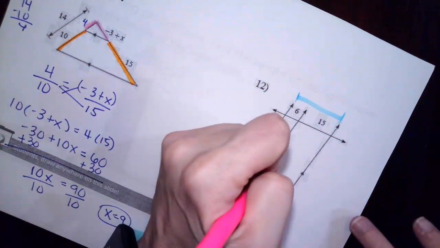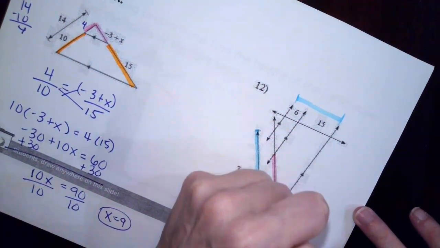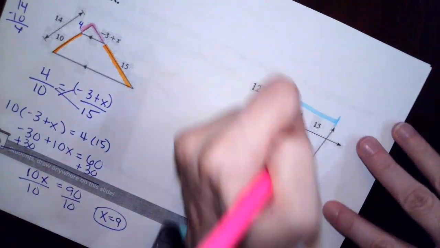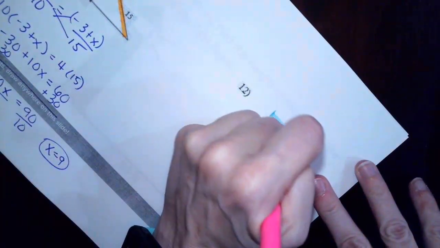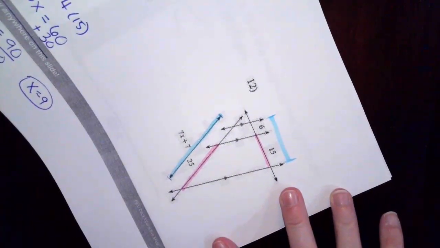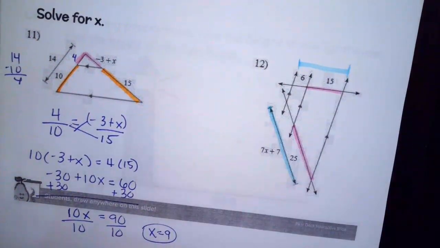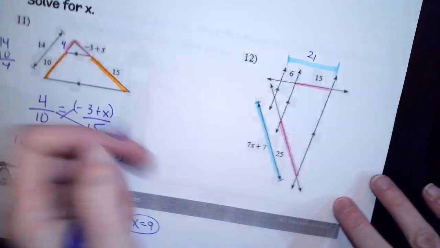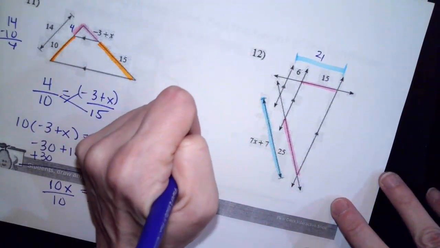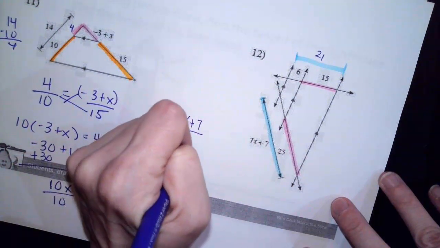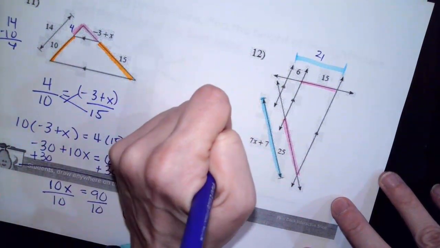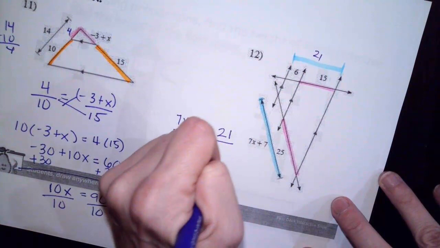And I know the bottom piece here, which corresponds to, if you look at it this way, I'm calling it the bottom piece. I'm kind of looking at it like this. So the whole thing here, 6 plus 15 should be 21. So I would say 7x plus 7 whole thing over the bottom piece, which is 25, equals 21 over 15.